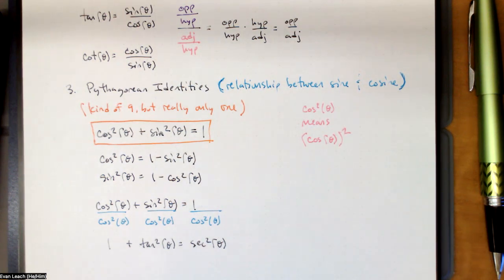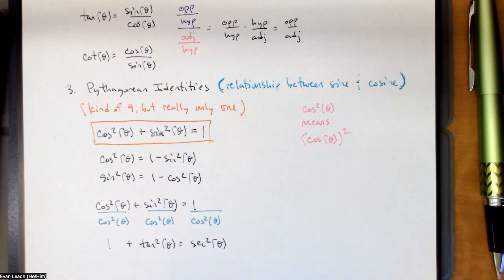Here is another important Pythagorean identity involving a relationship between tangent and secant. So here's a relationship between tangent and secant, and it can show up in a couple of other different ways.